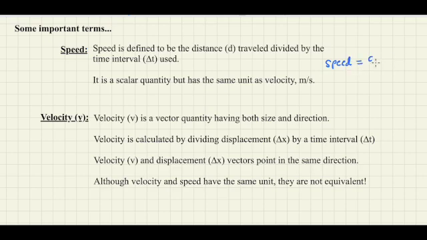Speed equals distance over time. Mathematically, that would be d divided by delta t. It is a scalar quantity, but has the same unit as velocity, that is meters per second.